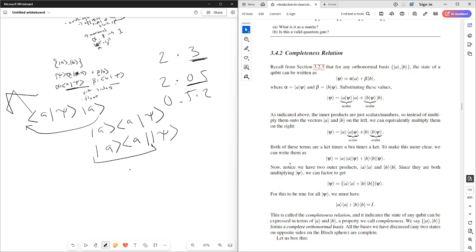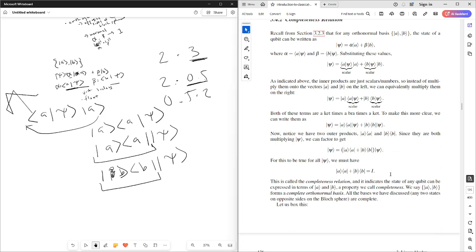Doing that with beta as well, we wind up with B. So we have the outer product of B with itself times psi, which can further be rewritten as the outer product of A with A plus the outer product of B with B multiplied by psi.